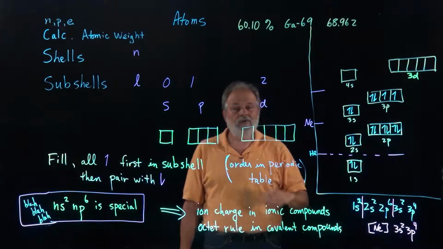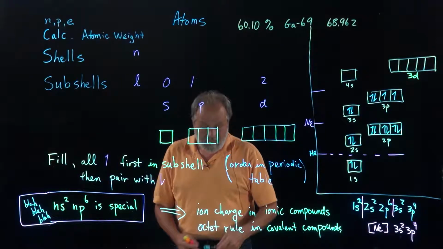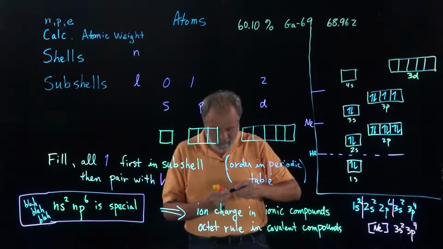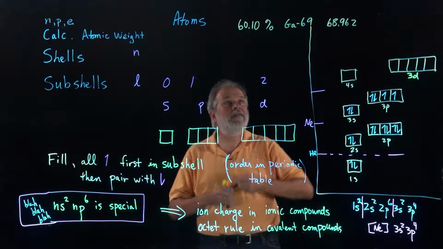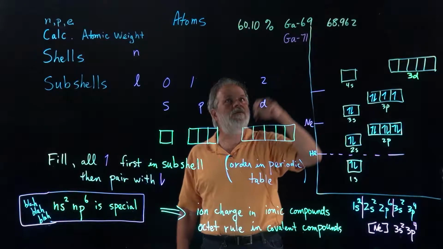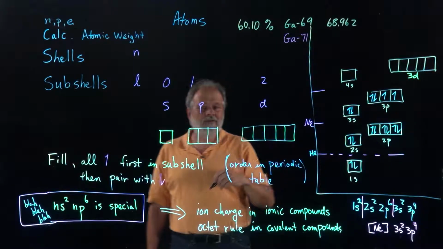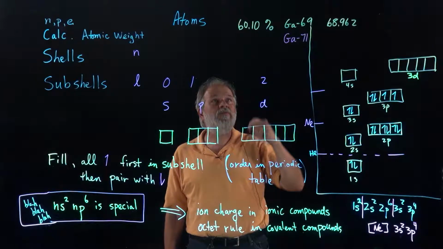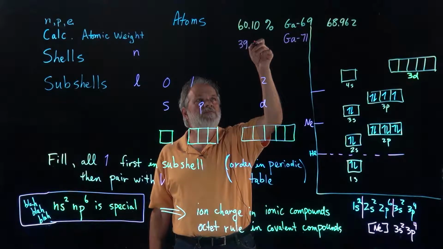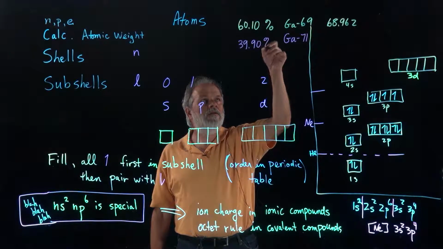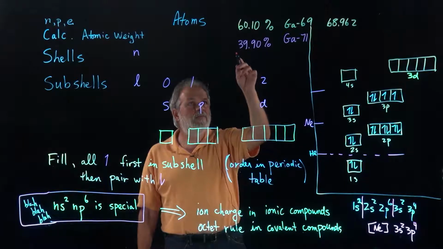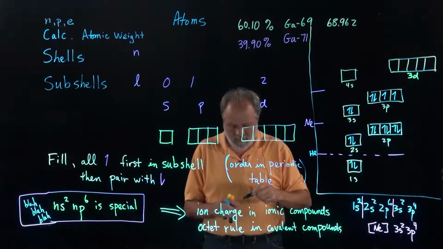And so I'm going to guess gallium-71 is the other isotope. We're about to find out. I think it's gallium-71. So if you're not given gallium-71's percent abundance, and if there are only 2 isotopes, you know from the fact that the percentages have to add to 100 that it must be 39.9, okay?